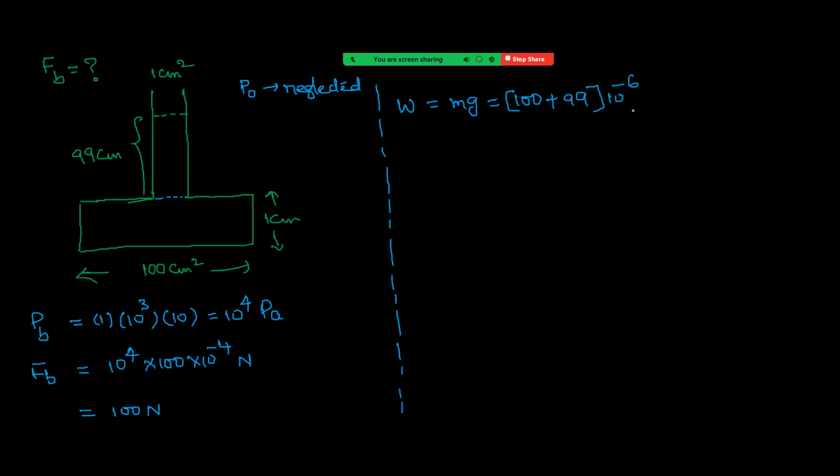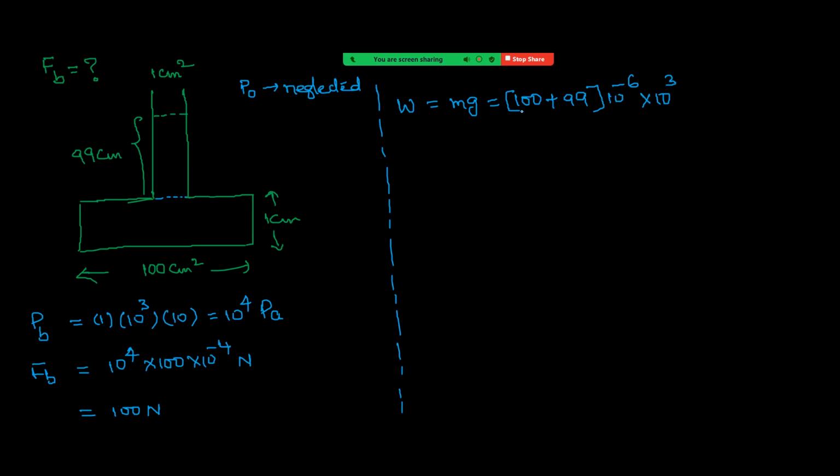See once again. This area 100 centimeter square into 1, so 100 centimeter cube, cc. This is now 99 cc. Converting into meter cube, 10 power minus 6 meter cube. This is volume. Volume into density; density of water is 1000.